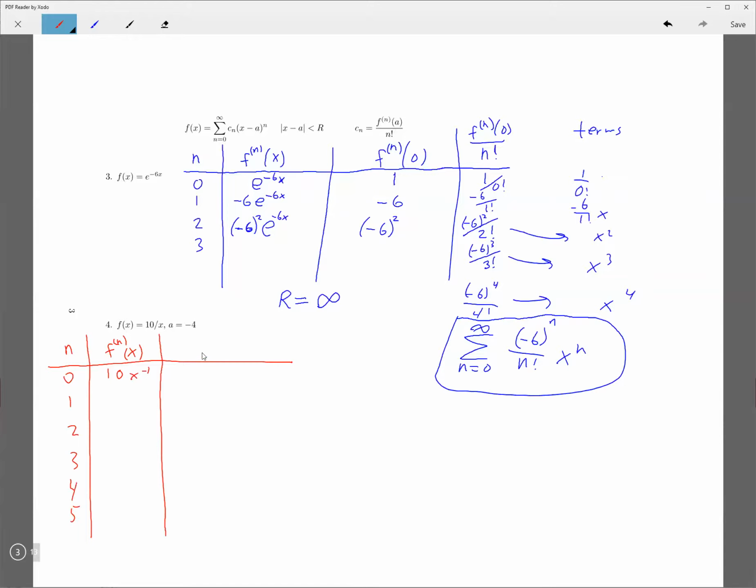And then we have to plug in -4 because that's what the a is. So it's the a here. And then we've got to take the nth derivative at -4 divided by n factorial.